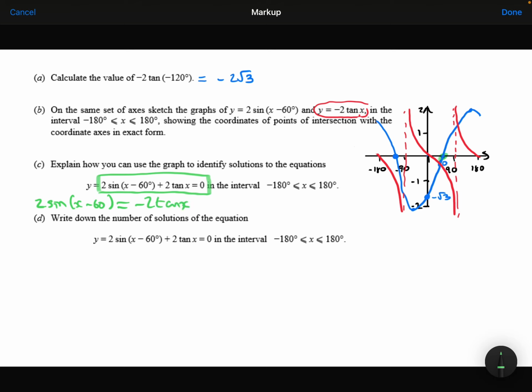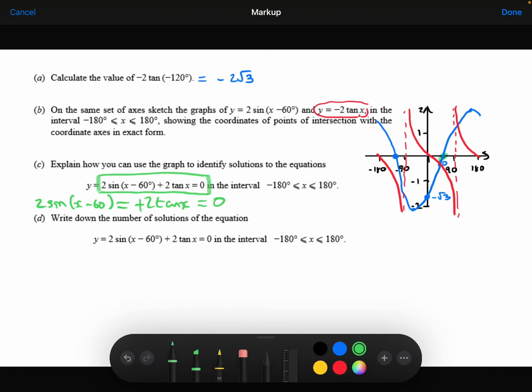That's where the curves would intersect. And then if I add the 2 tan x to both sides, I can see it would equal 0, which is the equation we've been given here. So it's explain how you can use your graph to identify the solutions. It's where the graphs would intersect.